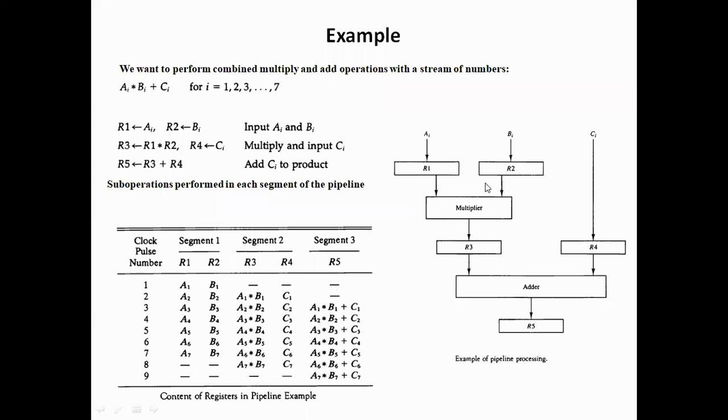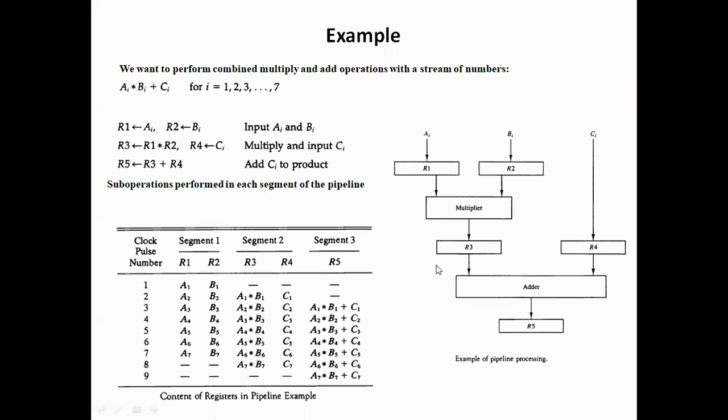In the next clock pulse, these two will be multiplied and put to R3. So A1 and B1 will be multiplied and put into R3 in the second clock pulse. But at the same time, because we are using the pipelining concept, A2 and B2 will come into R1 and R2 respectively.